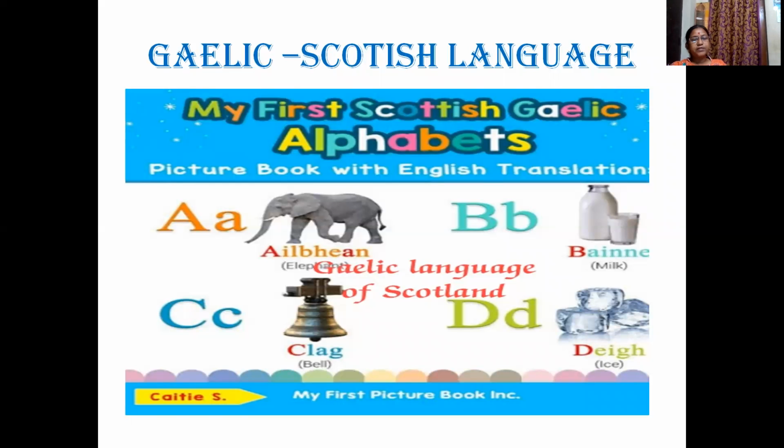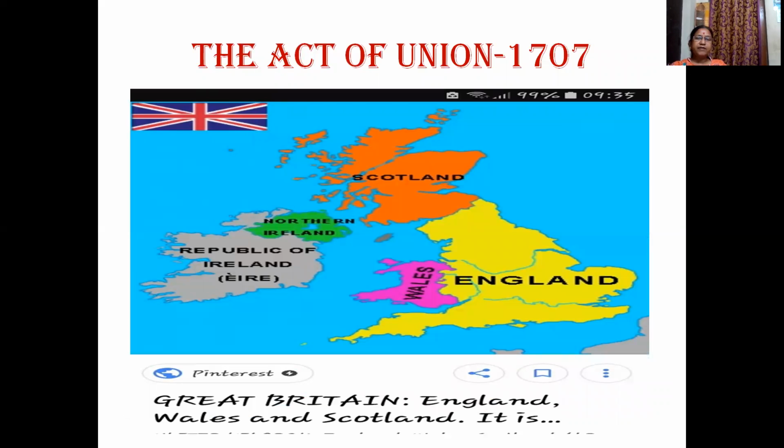It was dominated by the English. The Act of Union 1707 slowly seized the power of Scotland, and Scotland was incorporated into the English region and it became an entity.